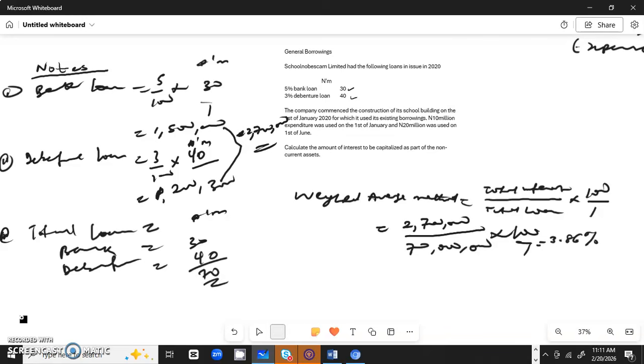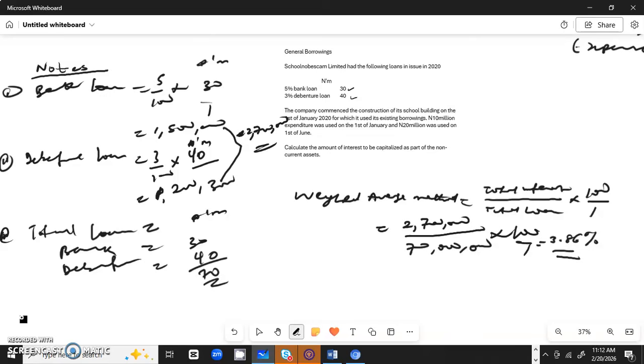So this means that 3.86% is the percentage interest we're going to apply to the loans being used during the construction period.